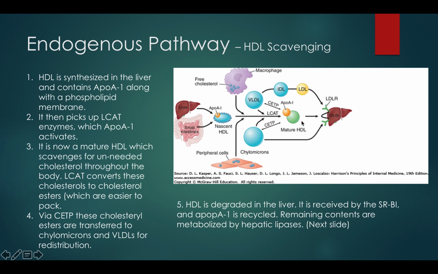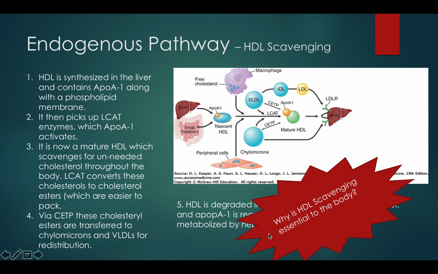So what that molecule does is it takes the cholesterol and turns it to cholesterol esters, allowing it to become a mature HDL. So it's getting those cholesterols from macrophages, from different peripheral cells that have too much cholesterol, and then it also gets extra cholesterol from the VLDL and chylomicrons via this cholesterol ester transfer protein. So these are transferring over here, so now this is more, and then it returns that extra cholesterol to the liver via these SR-BI transporters.